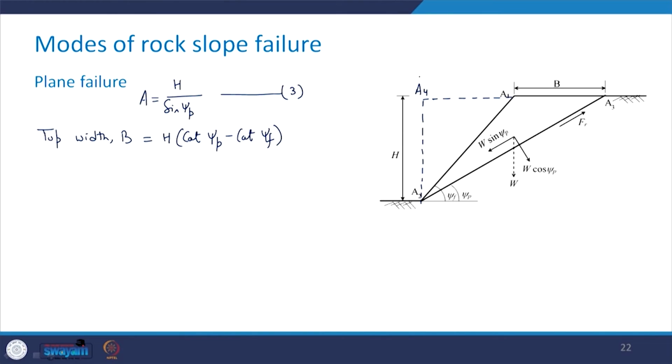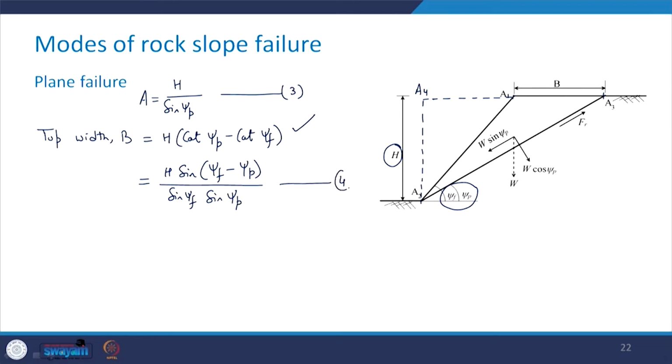So, this will be A4 A3 minus A4 A1, and this A4 A3 and A4 A1 can be determined in terms of this H and these two angles, and what you will get is in this particular form. Or this can also be written as H sine of psi f minus psi p divided by sine of psi f sine of psi p. This is equation number 4.